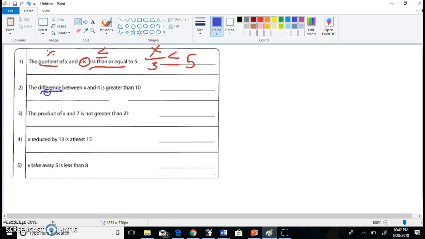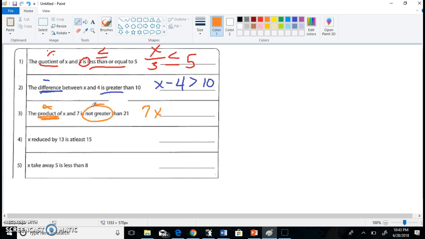The difference is subtraction. The difference between x and 4, so subtract x minus 4, is greater than 10. Product means multiplication. So we're going to multiply x times 7, which we would write 7x because you normally write the number coefficient first, is not greater than 21.